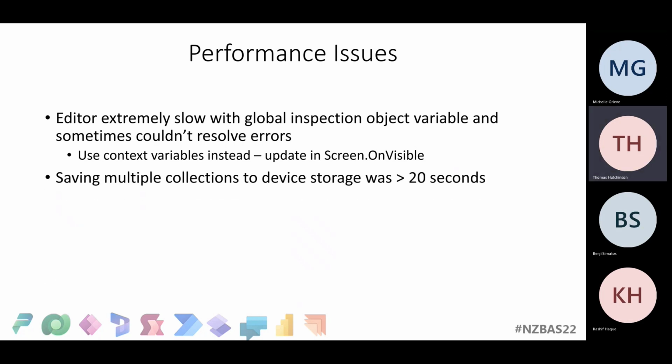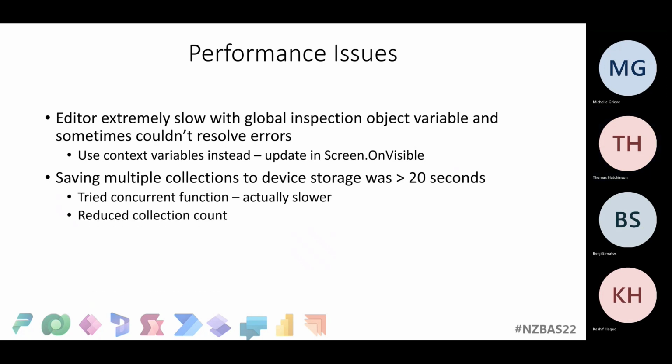Saving multiple collections. When I started, each of those objects had its own collection, and it was taking about 20 seconds to save to storage, so it just wasn't going to work. I tried surrounding it with a concurrent function, and it was actually slower, which was bizarre.